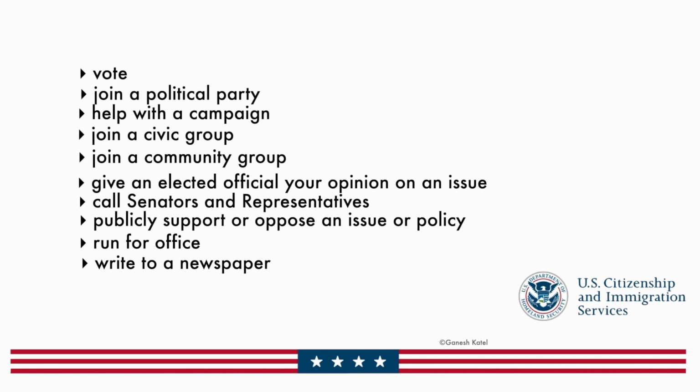Join a community group. Give an elected official your opinion on an issue. Call senators and representatives. Publicly support or oppose an issue or policy. Run for office. Write to a newspaper.